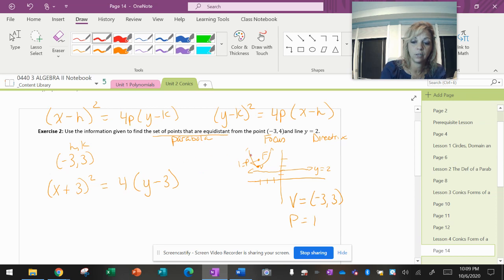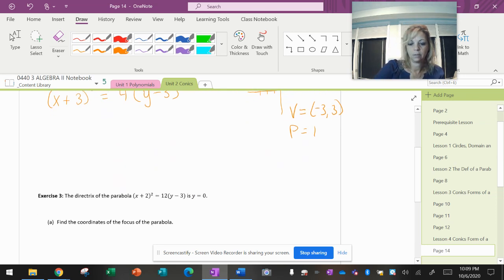This equation represents every single point on that parabola that is the same distance from that point and the line y equals 2. So we created all the points. We have an equation that represents all the points. It's probably the best way to say it. Okay? All right.